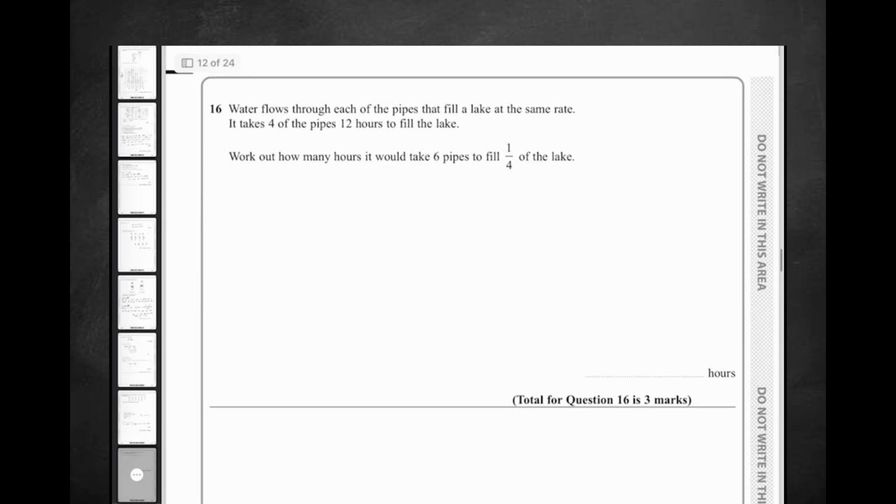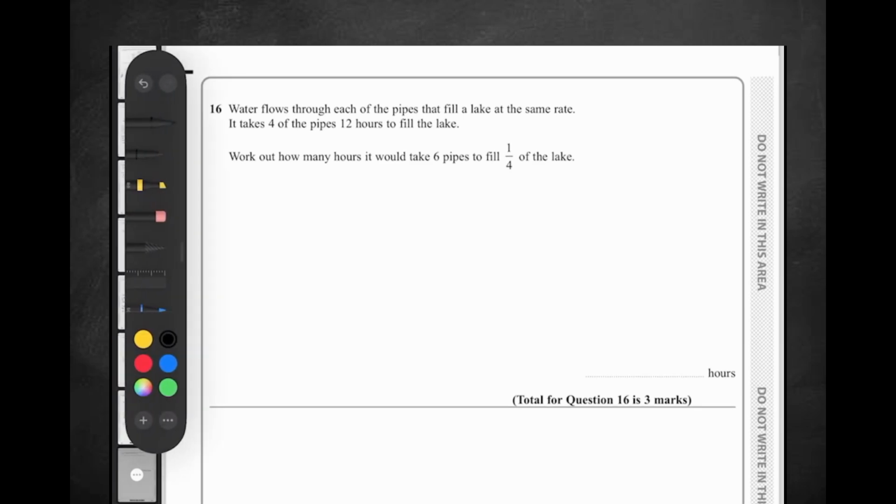Moving on. Question 16. Water flows through each of the pipes that fills a lake at the same rate. It takes 4 of the pipes 12 hours to fill the lake. Work out how many hours it would take 6 pipes to fill 1/4 of the lake. So, 4 pipes take 12 hours. Therefore, 1 pipe would take 4 times that length of time. So 48 hours.